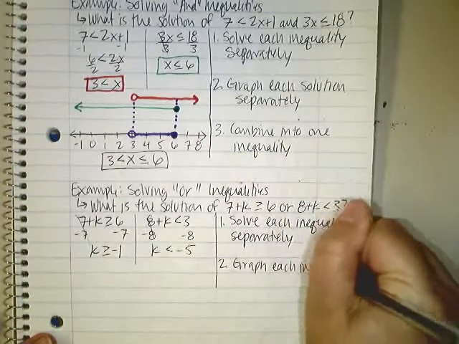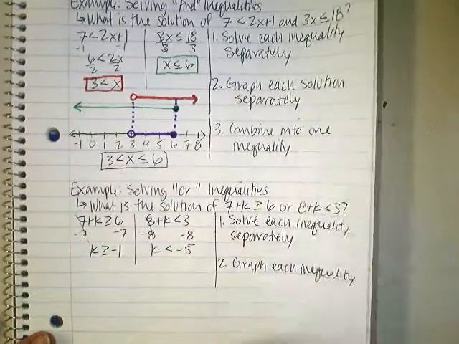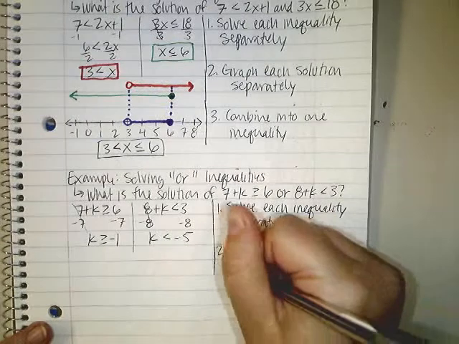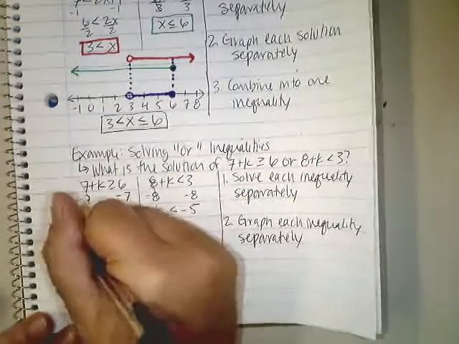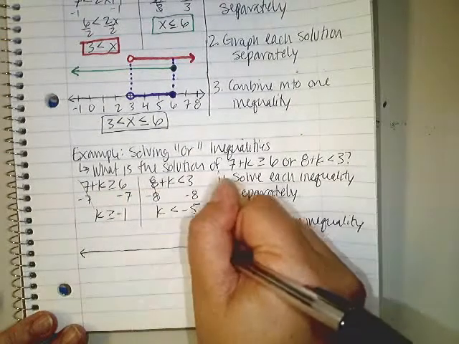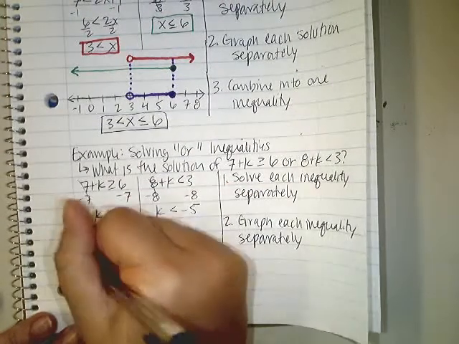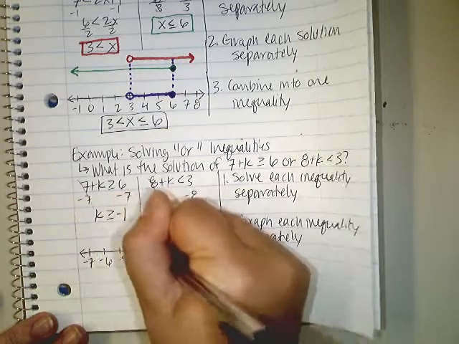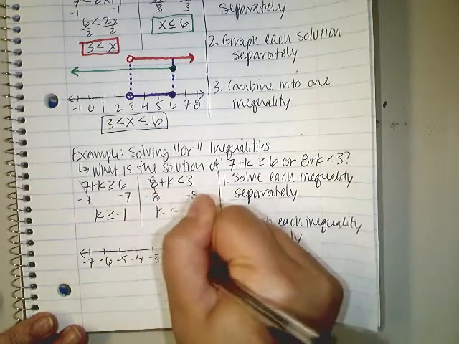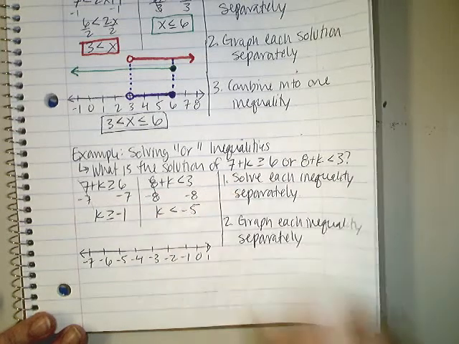And again, in time you'll be able to skip this step, but to show what I'm talking about, we will do this for now. So I know these are mostly in the negative, so I'm going to lean heavily on the negative side and start with -7, -6, -5, -4, -3, -2, -1, 0, 1.